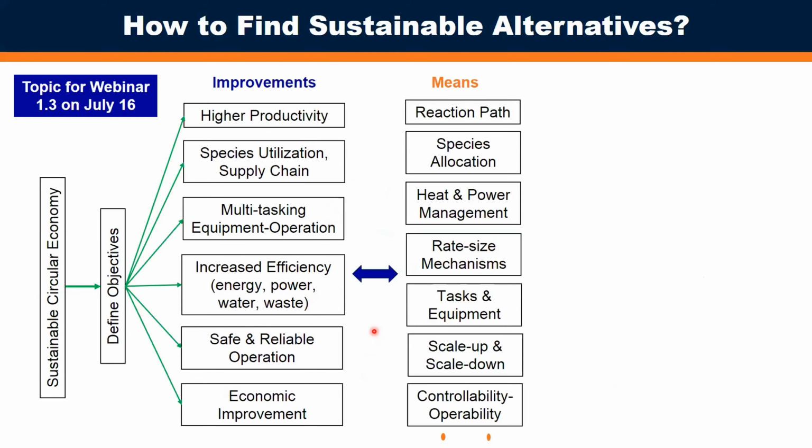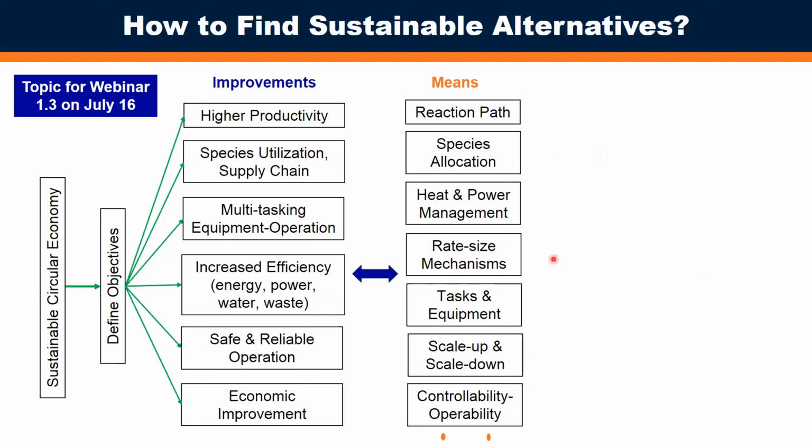How do we do this? Well, it may require changing the reaction pathways or optimizing the reaction conditions in order to minimize byproducts and so on. The species allocation specifically throughout the plant may be something that we need to look at. How do we utilize our raw materials and our utilities? Heat and power management goes into this, when it comes to everything from heat integration opportunities and so on.